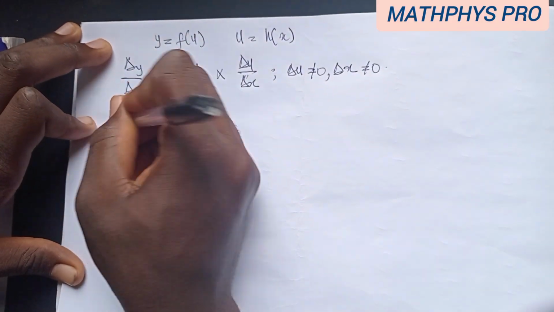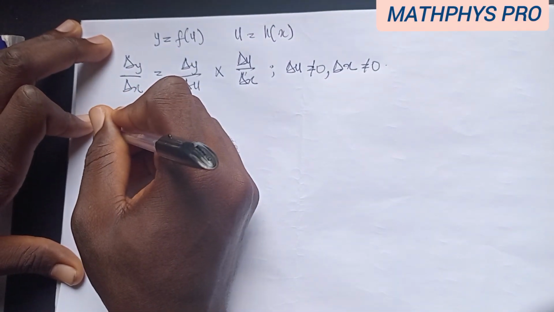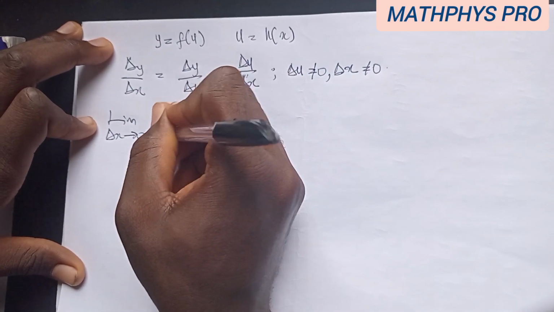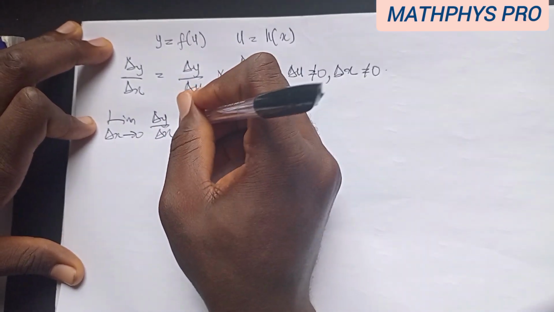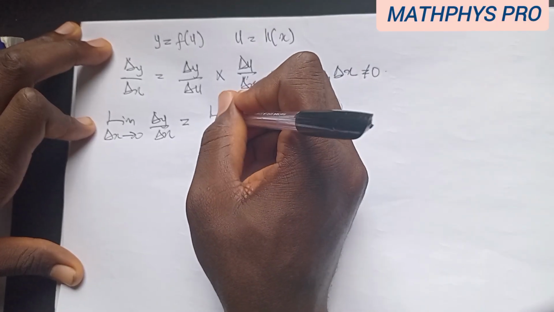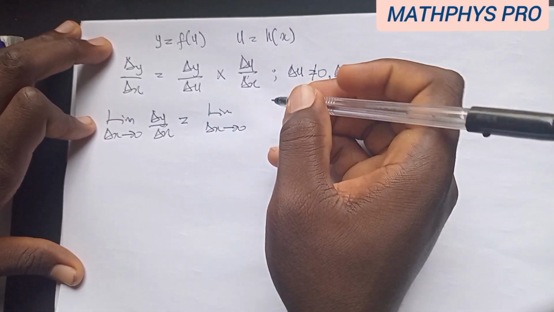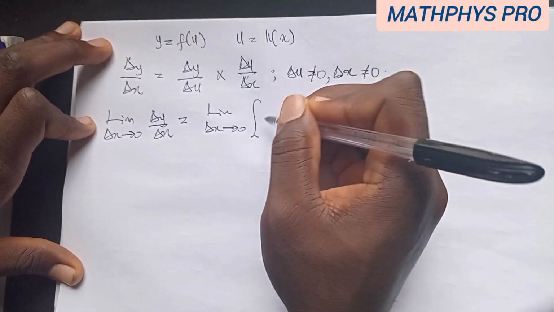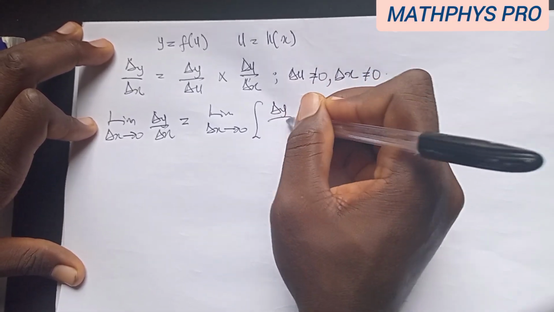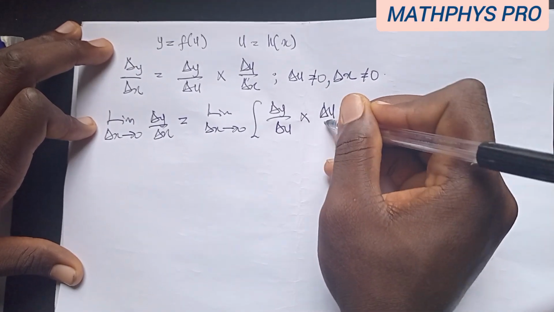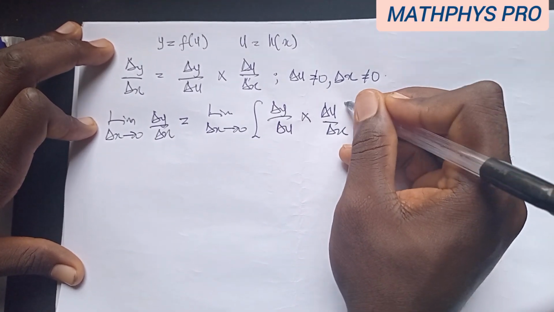So now we can say that the limit when change in x tends to 0 of change in y over change in x is equal to the limit when change in x tends to 0 of change in y over change in u times change in u over change in x.